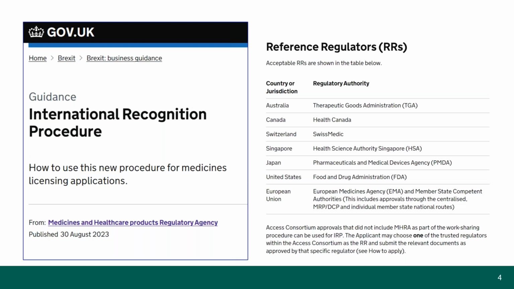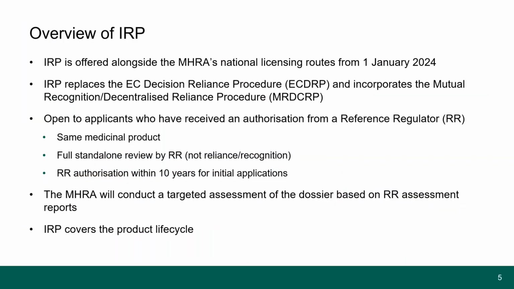And you'll also note that for the European Union, as well as EMA, individual member state competent authorities can be reference regulators, as well as approvals via the MRP DCP. And for this reason, the international recognition procedure will be replacing ECDRP and the MRDC reliance procedure.